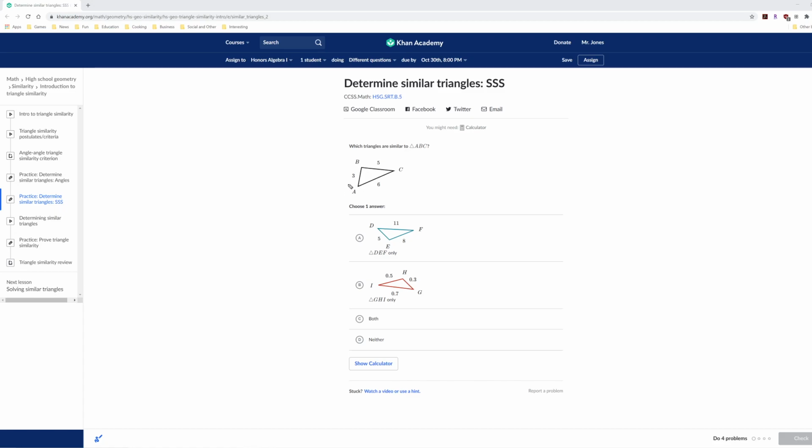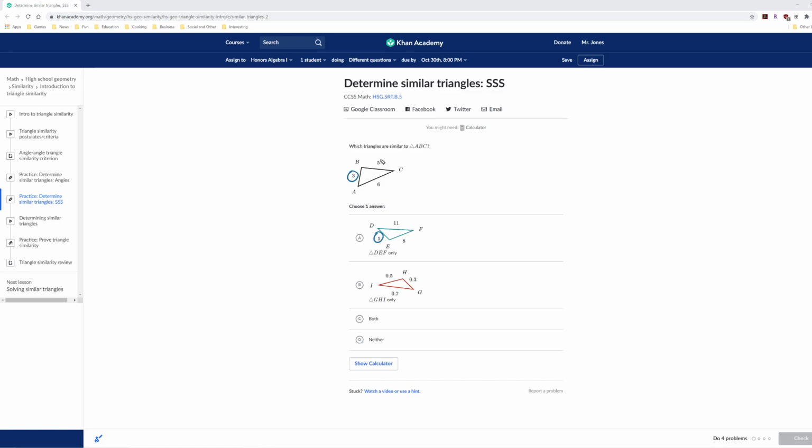So just like when looking at congruent triangles, to look at which sides are corresponding, in this original triangle, what I like to do is look at the smallest side, and I'll compare that to the smallest side in the answer. So I'm going to compare the sides 3 and 5.